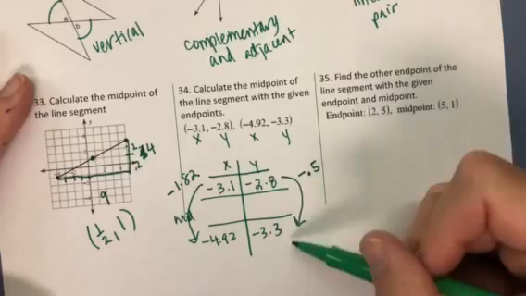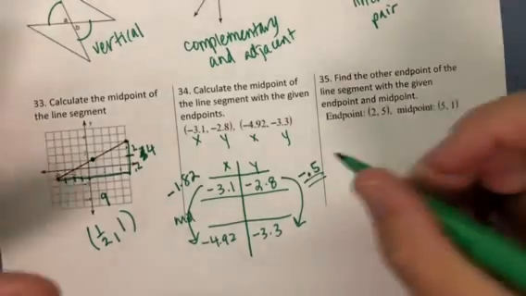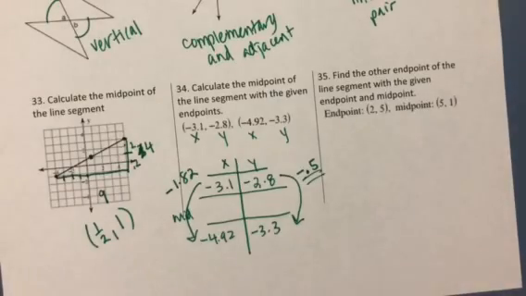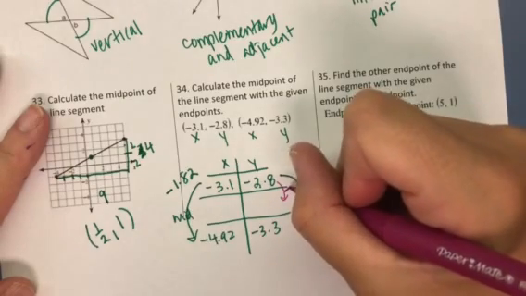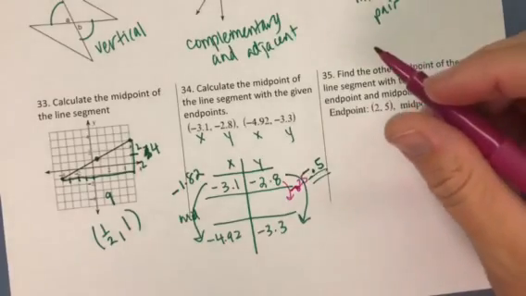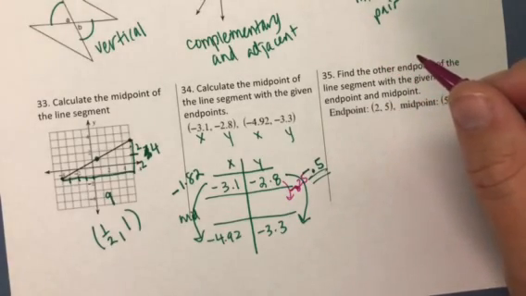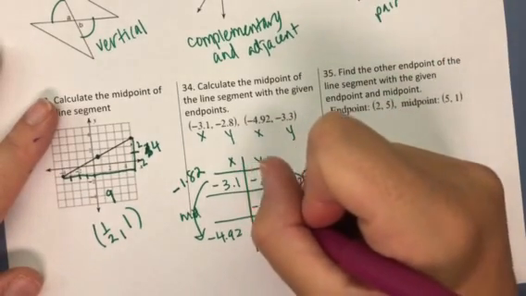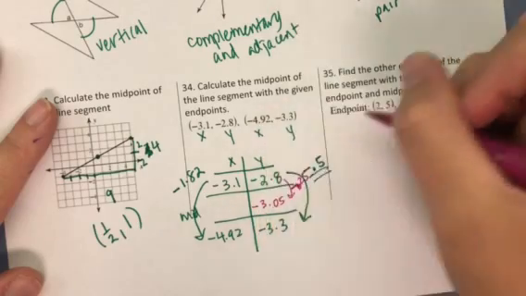And I know to find the midpoint, I just need to change by half of this distance. So I know half of negative 0.5 is negative 0.25. So I'm going to do negative 2.8 minus 0.25. And when I do that, I get negative 3.05.